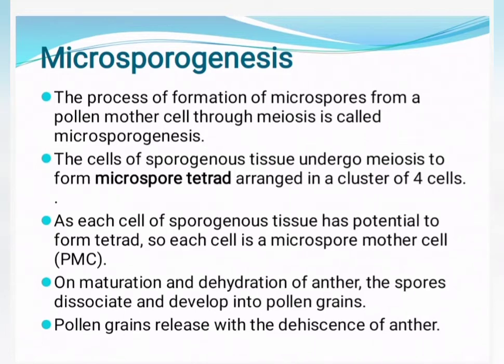Inside each microsporangium, several thousands of microspores or pollen grains are formed that are released with the splitting of the anther wall. If we talk about the ploidy of microspore tetrad cells, they will be haploid, having n number of chromosomes because they are formed by the process of meiosis.